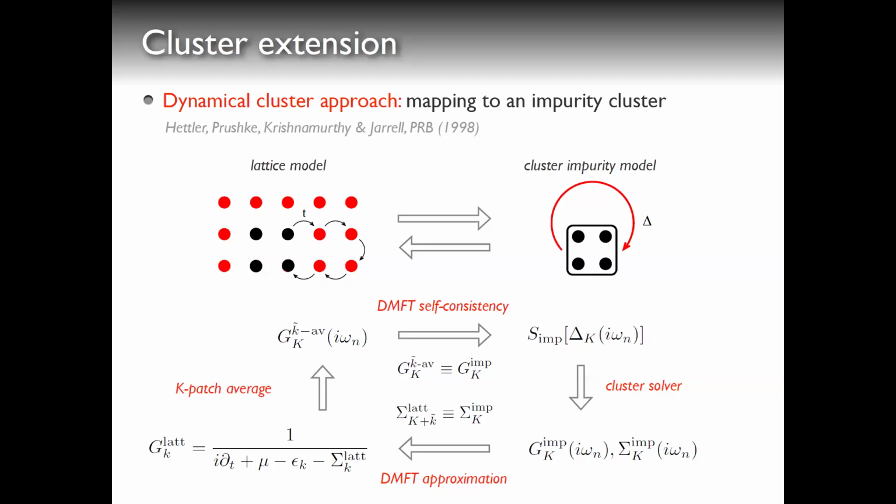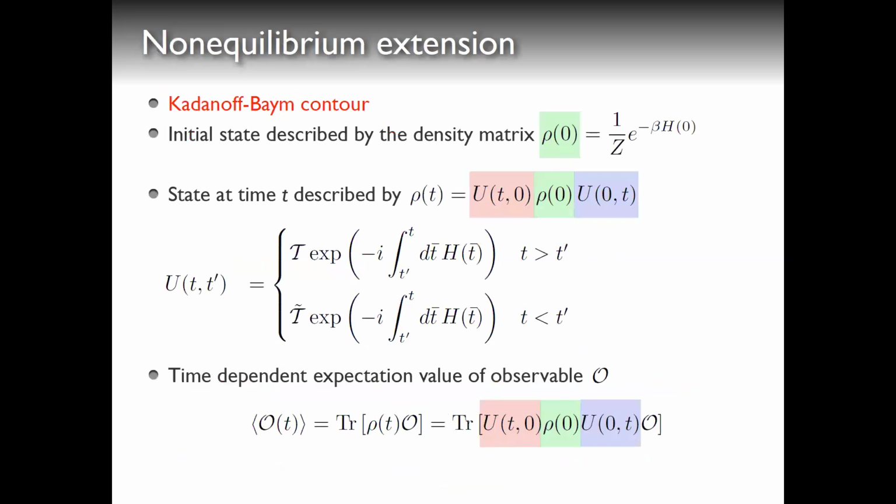And the only place where the different momentum patches are coupled is in the solution of the cluster impurity problem, because we have a local Hubbard interaction which couples different momentum sectors. But apart from this, the self-consistency loop looks exactly the same. So it's conceptually easy to extend to these cluster problems, but of course numerically the calculation becomes quickly very heavy.